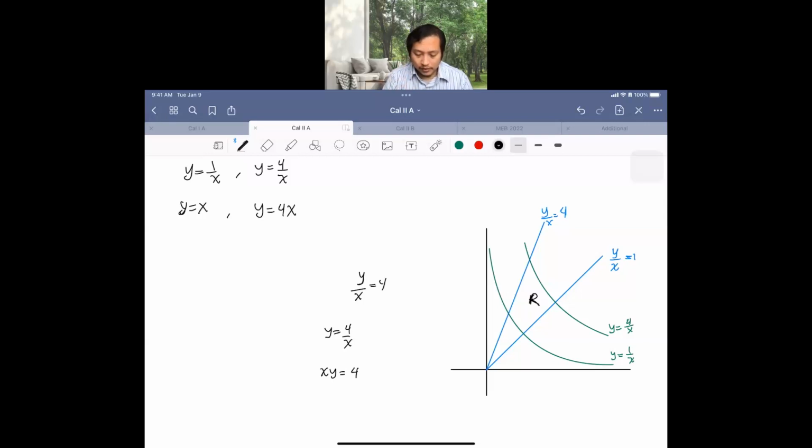So 4x squared. Okay, so it's supposed to be 1, right? So this is 1. It's supposed to be the same intersection here. This is 1.